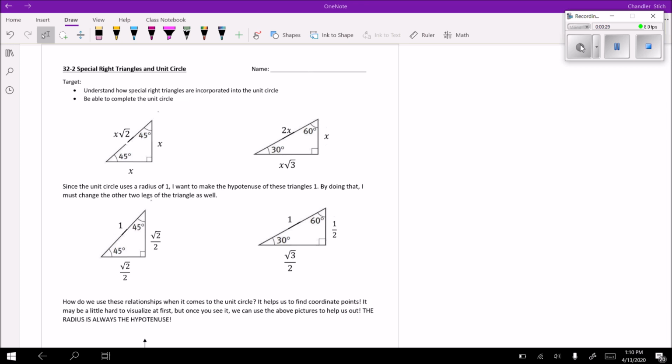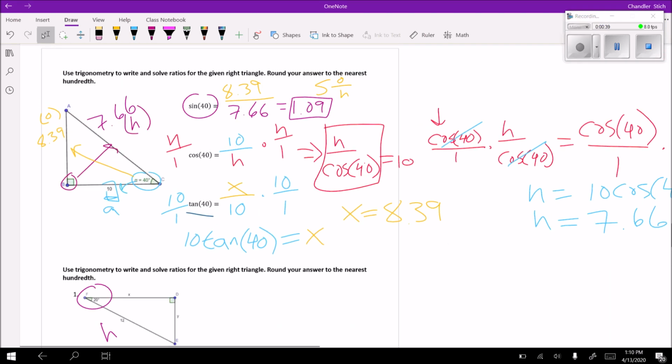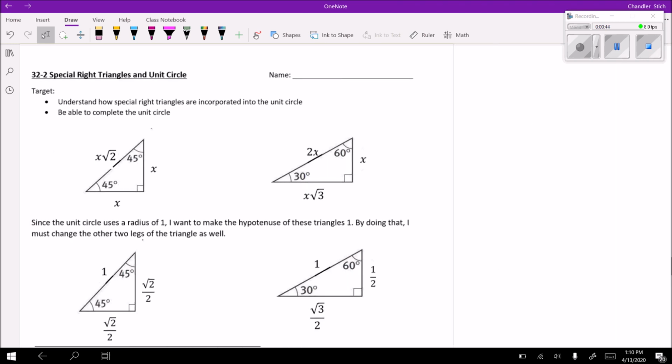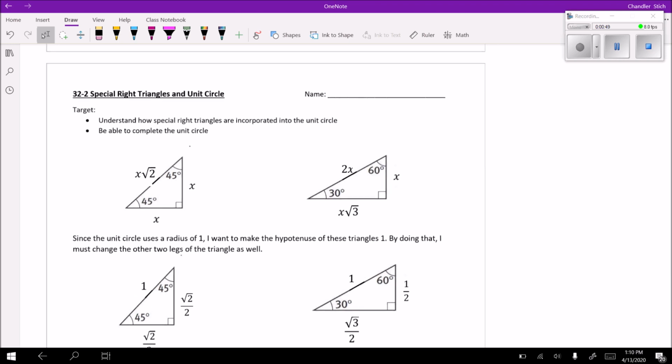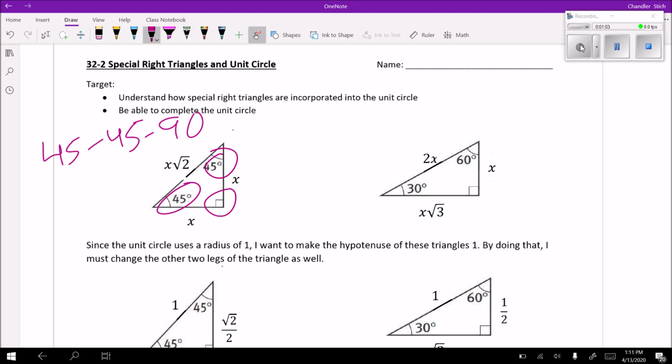We know that sine, cosine, tangent have to do with the three sides of the triangle, but there are a couple of relationships that we can get from them that lead us to these two very specific triangles. One of them is a 45, 45, 90 triangle, because of the 45 degree, 45 degree, and 90 degree angles.